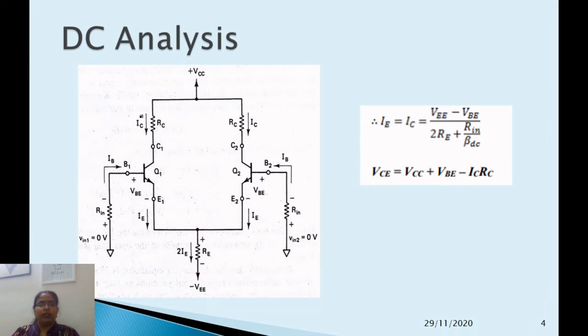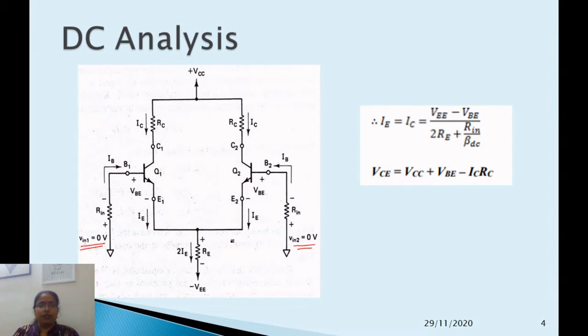Regarding the DC analysis, as you all know, we make all the AC sources equal to 0. As you can see, V in is reduced to 0, these are grounded, and the rest of the circuit is similar.